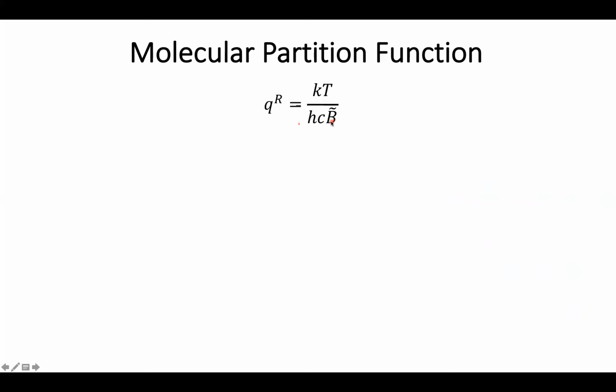rotational constant. However, it would be possible to rephrase this expression in terms of hcB, beta, because again, beta is 1 over kT.